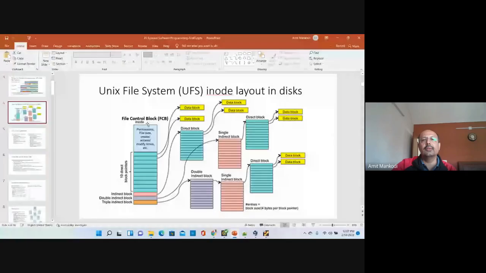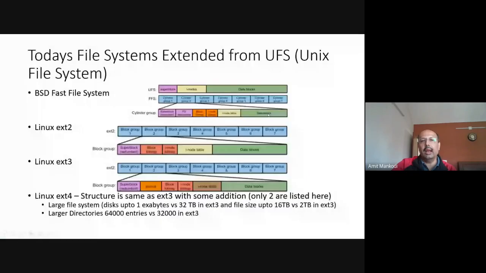If you recall, I mentioned earlier that you have a data block here, and in the inode table, this is the entry we are looking at, the inode. So inode information is stored here, and in this inode table, it keeps track of which of these data blocks are allocated to a given file or directory.